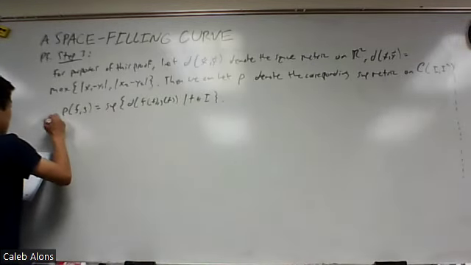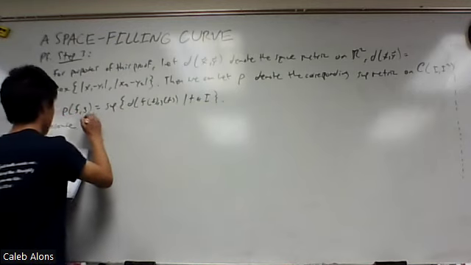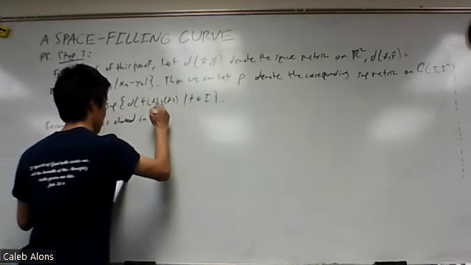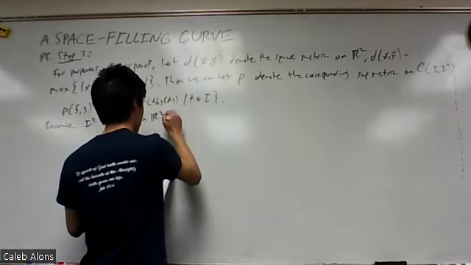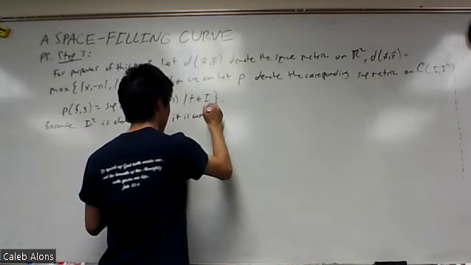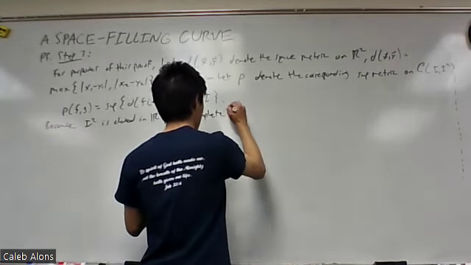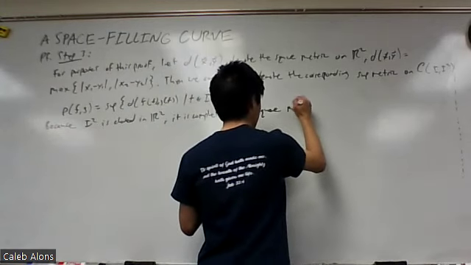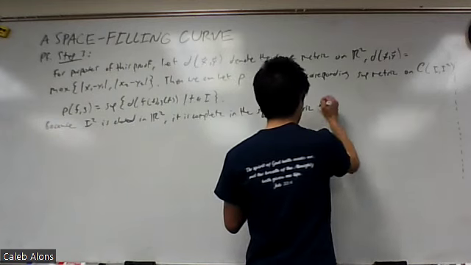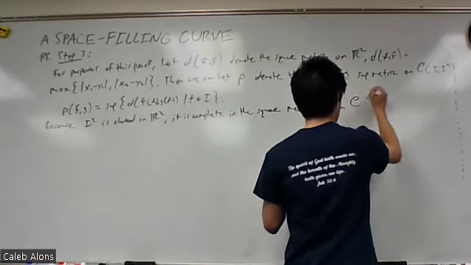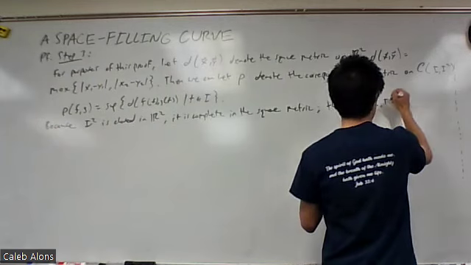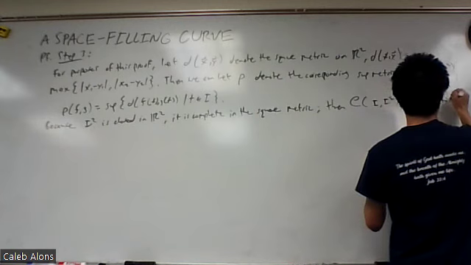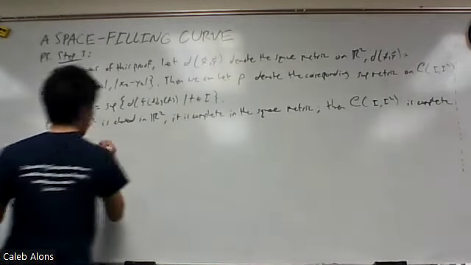Now, because the unit square is closed in R^2, it is complete in the square metric. So then the set C(I, I^2) is complete in the metric rho.